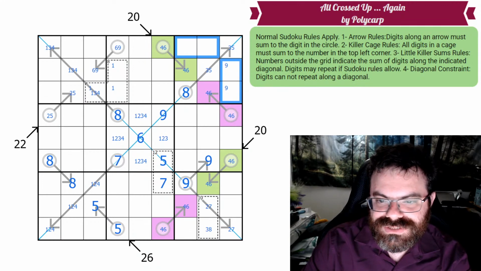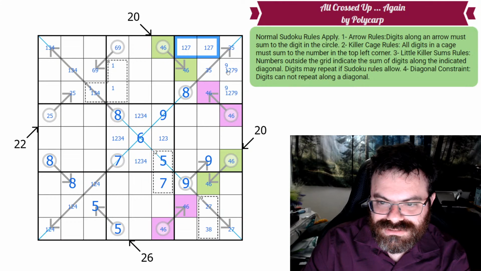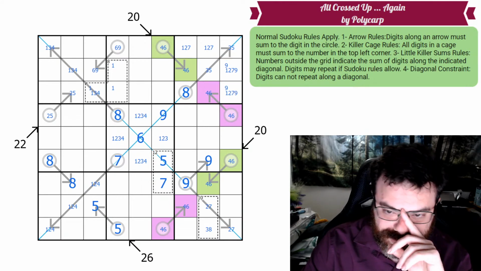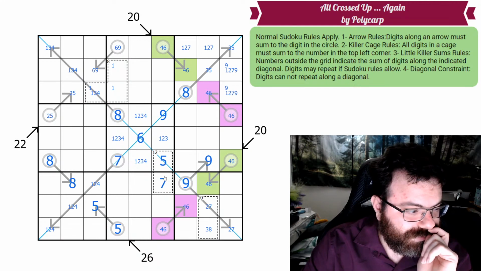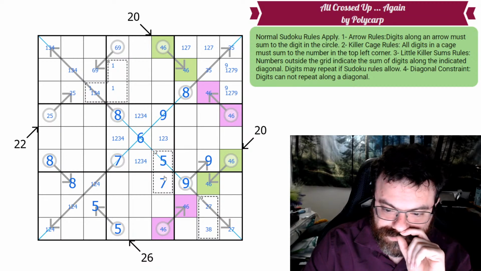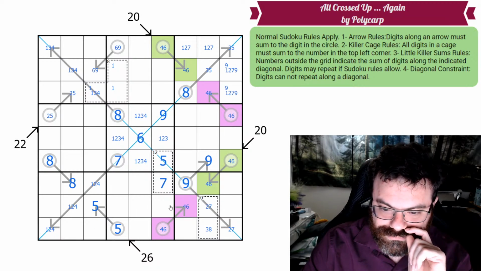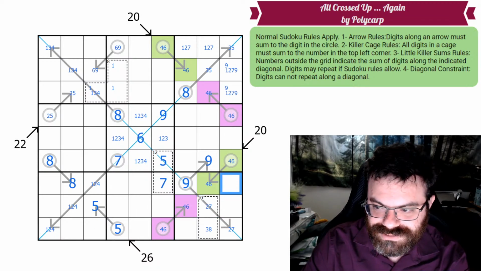Two pairs here. So this is 1, 2. We have 3, 4, 5, 6. We need 7 and 9. These can't be 9. I don't think anything else is seen. Do we have any other information here? Ah, we need a 5 here. Thank you.